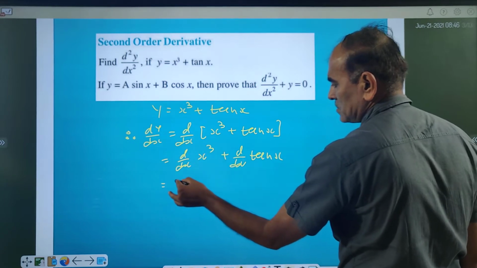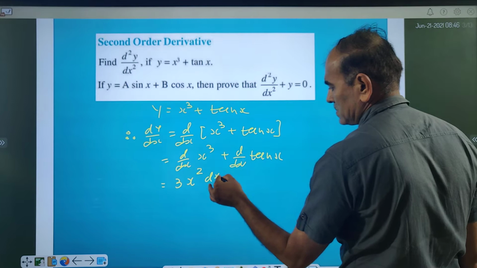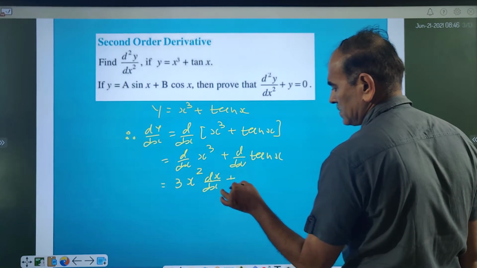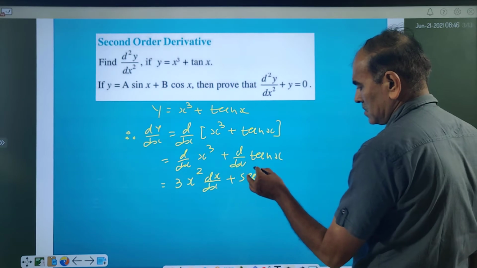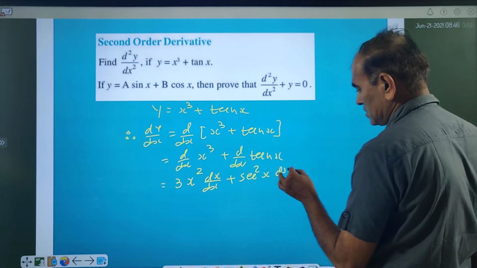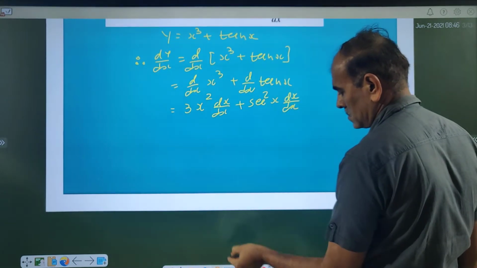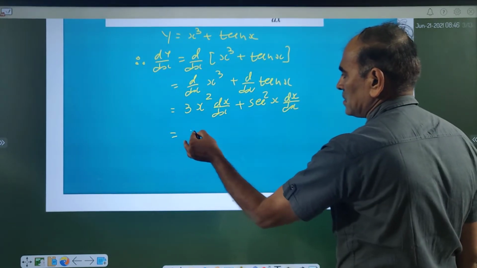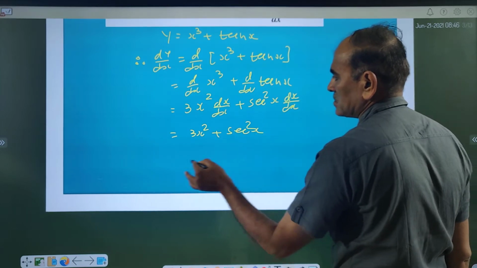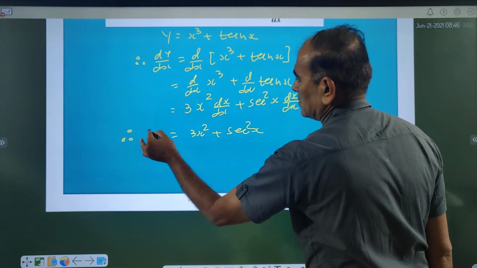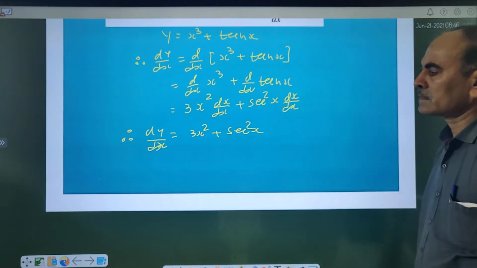Some function raised to n, n times some function raised to n minus 1, d by dx of some function. So that is equal to 3x square plus 10. That is our dy by dx.